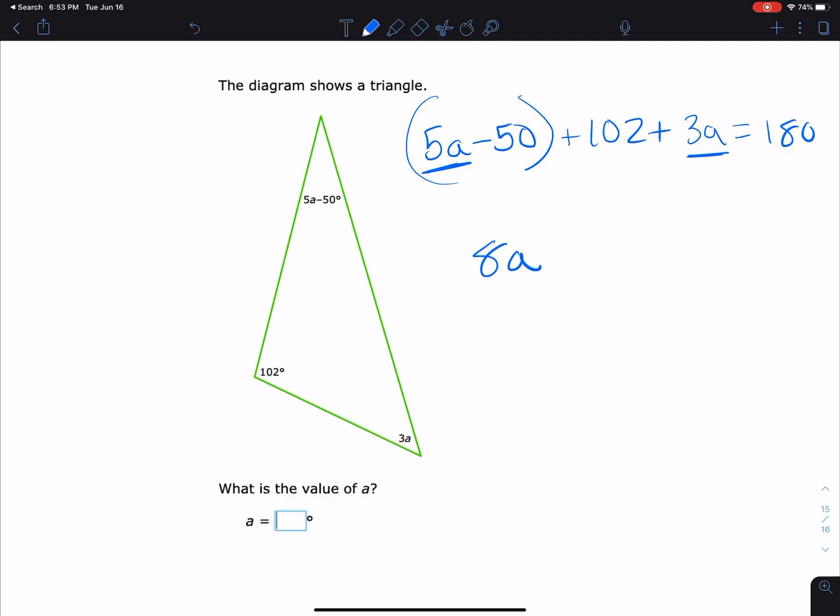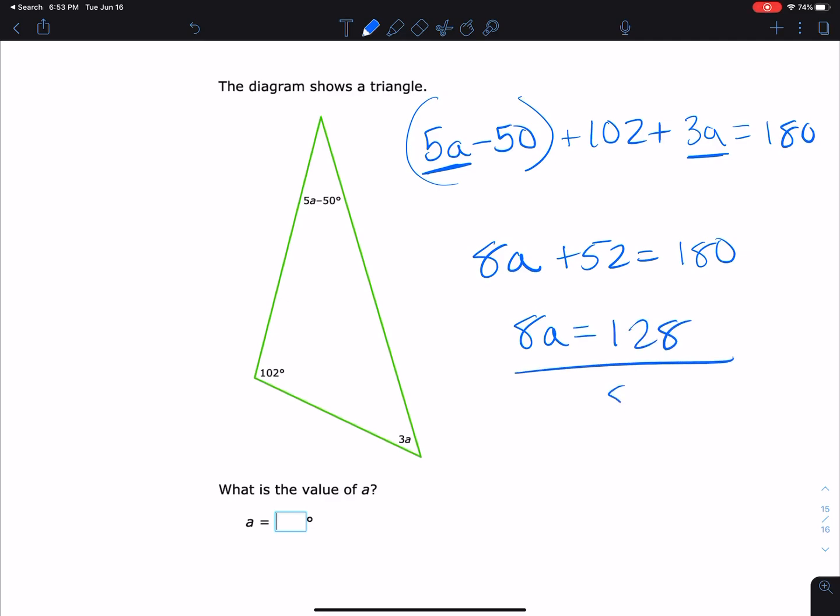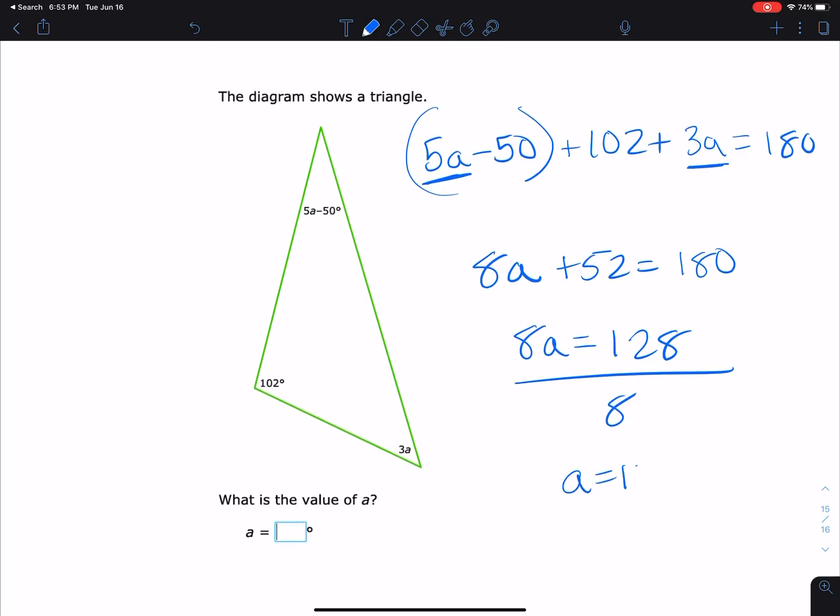And then negative 50 plus 102, that's 52, equals 180. So let's see, 180 minus 52 equals 128. So 8a equals 128. And divide by 8. A is 16.